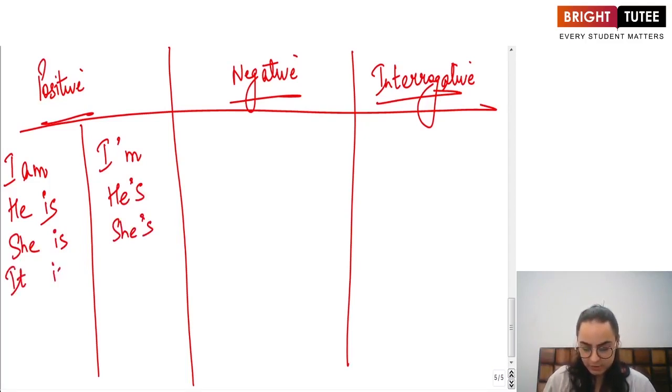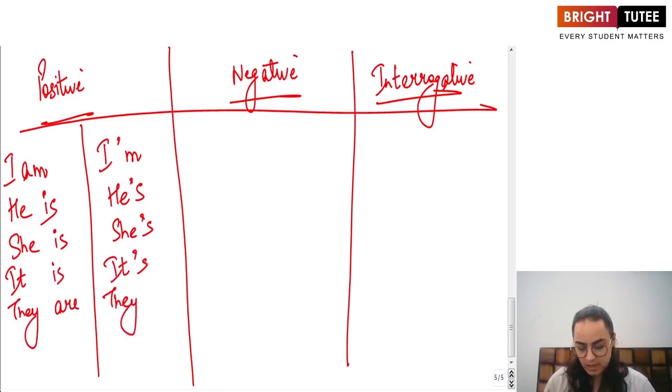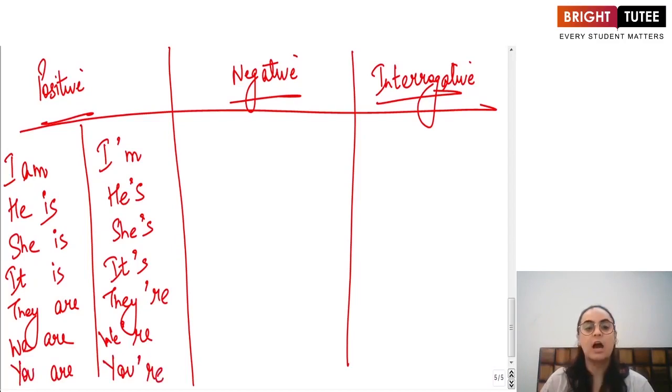It is changes to it's. They are changes to they're. We are changes to we're. And you are changes to you're. So this is how we frame the contractions of these verb forms.